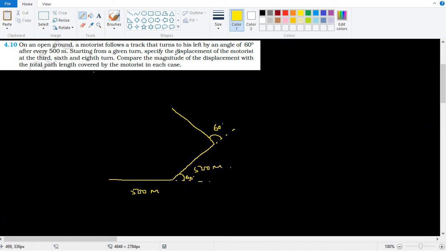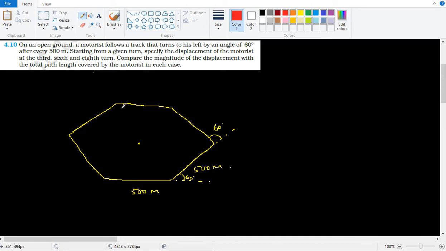Starting from a given turn, specify the displacement of the motorist at the third, sixth, and eighth turn. If you carefully observe this problem, you will see that this will become a regular hexagon. Why? Because if you take the center point over here, this entire angle is 360 degrees.